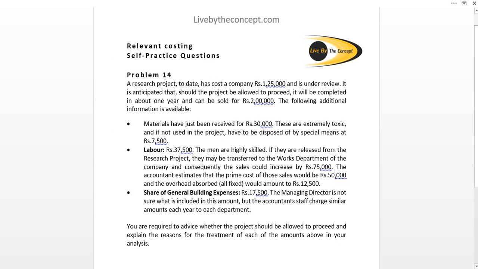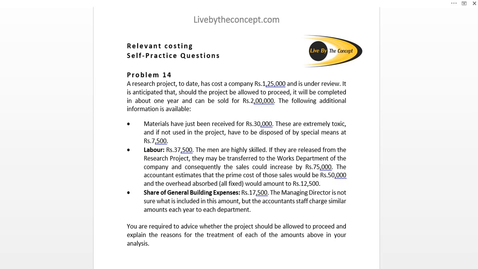If they are released from the research project, they may be transferred to the works department of the company and consequently the sale could increase by 75,000. The accountant estimates that the prime cost of those sales would be rupees 50,000 and the overhead absorbed, that is all fixed, would amount to 12,500. Now we need to understand that if I am not going for the research project, I'll be using this highly skilled man in the work department.